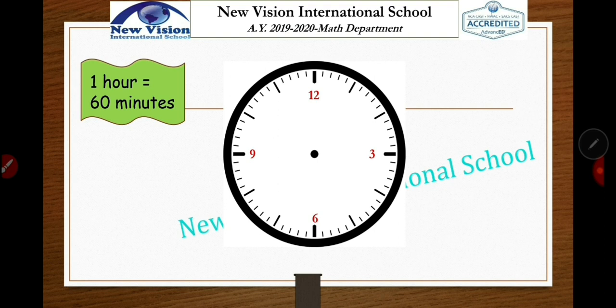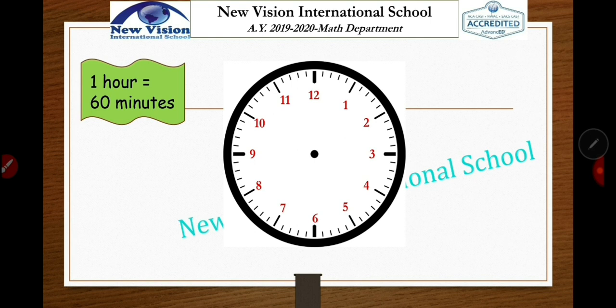This time it's easier for us to put some of the remaining numbers. We have 1, after 1 is 2, and then 3, and then 4, 5, 6, 7, 8, 9, 10, and 11. Those numbers are for the hours.